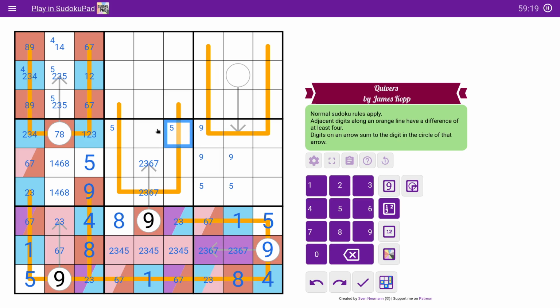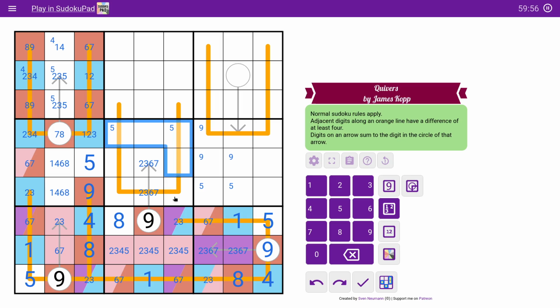Where can a 4 go in this box? Not here, because of this. Not touching the 5. Opposite the 5. Not here because of this. Could be here.